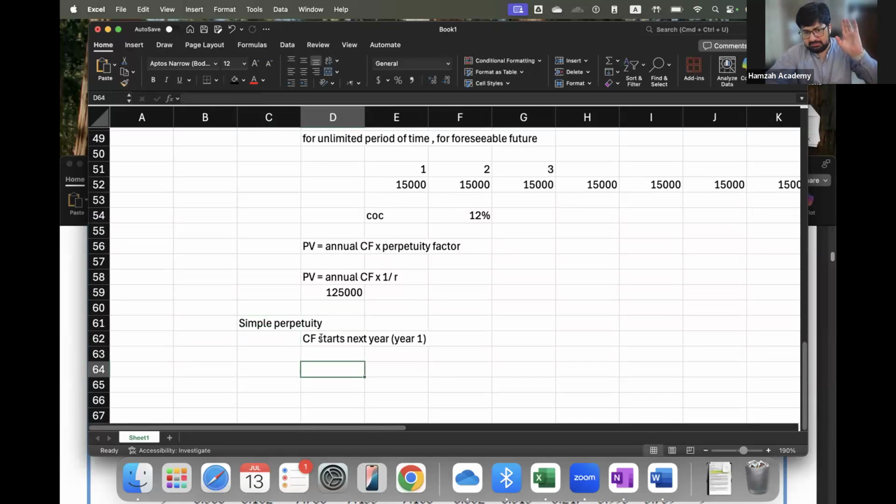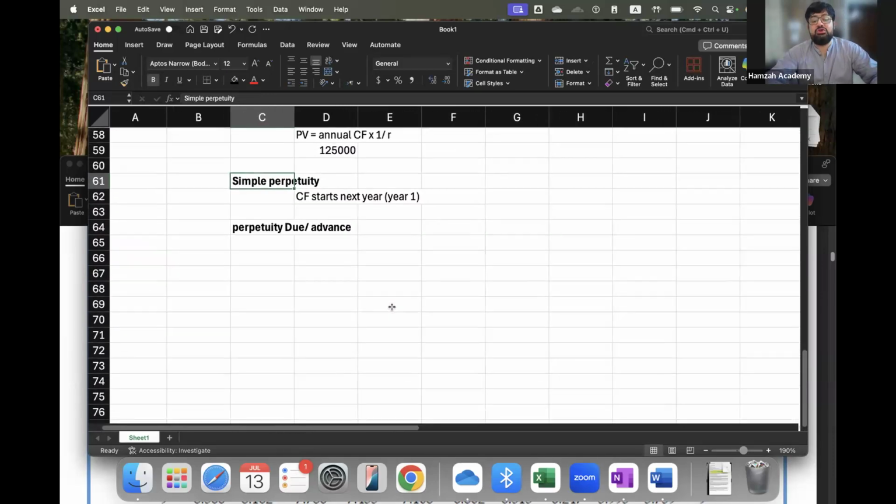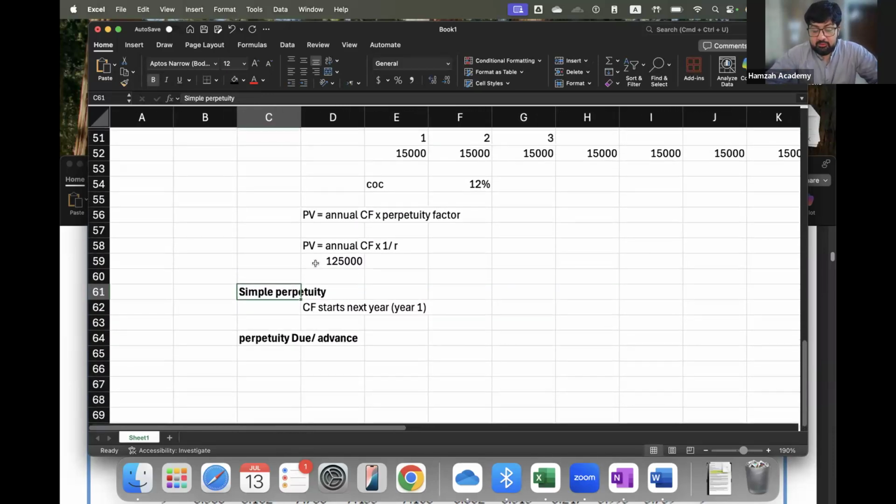Then comes perpetuity due or in advance, where cash flow starts from now.